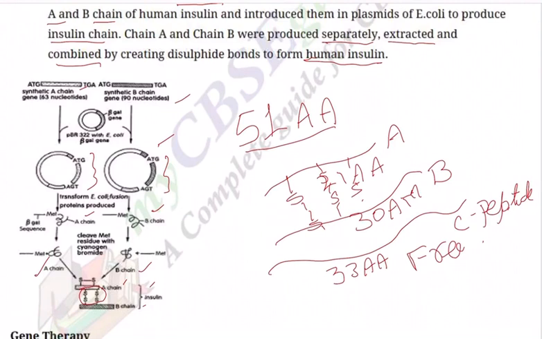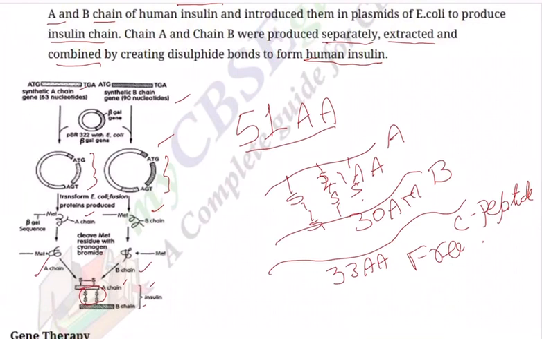The main challenge for production of insulin using rDNA techniques was getting insulin assembled into a mature form. In 1983, Eli Lilly, an American company, prepared two DNA sequences corresponding to A and B chains of human insulin and introduced them into plasmids of E. coli to produce insulin chains.